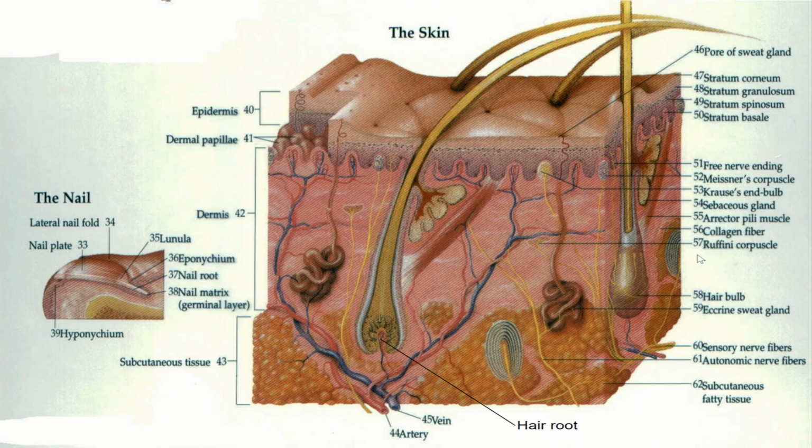And then Ruffini, right here in the middle of the skin, is to sense skin stretching. So when you feel that kind of tension in your skin, that's being relayed by Ruffini corpuscles.